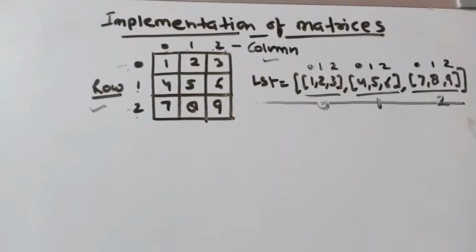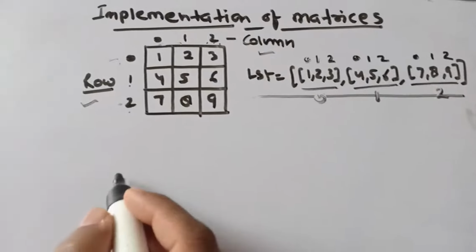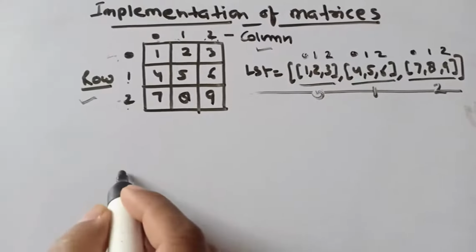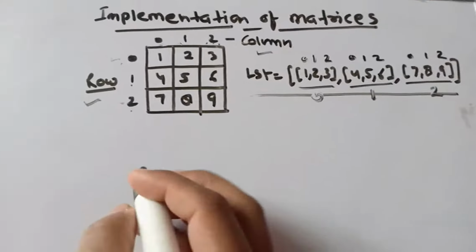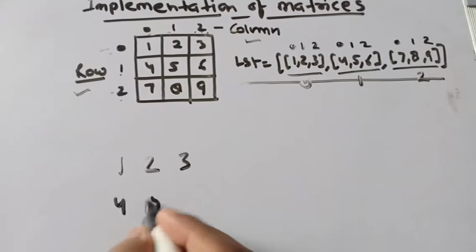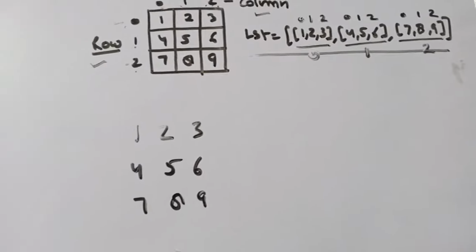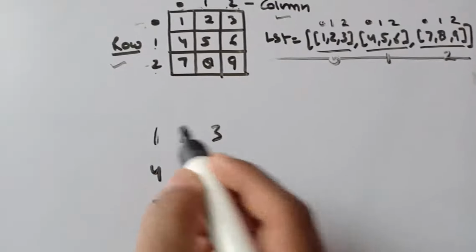In this shape, which is known as a matrix, we can create some logics. I am writing the matrix again here to find some logics: 1, 2, 3, 4, 5, 6, 7, 8, 9. Now this is the matrix written.